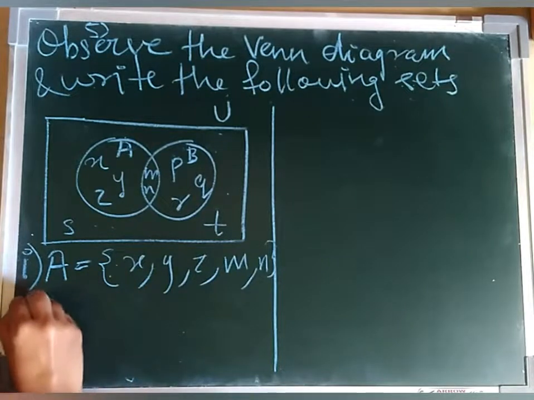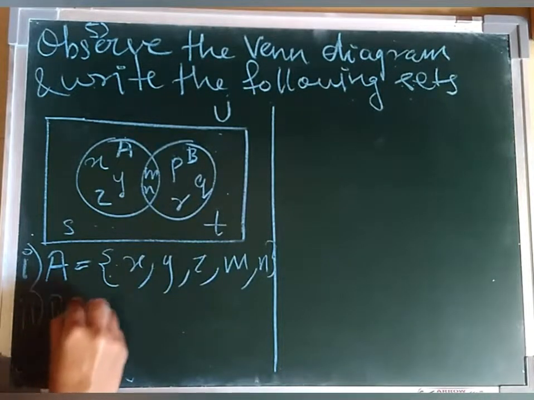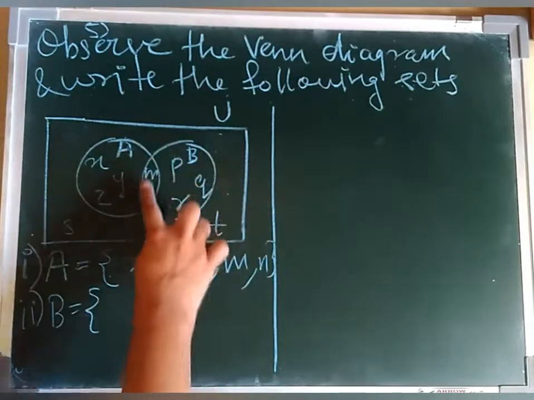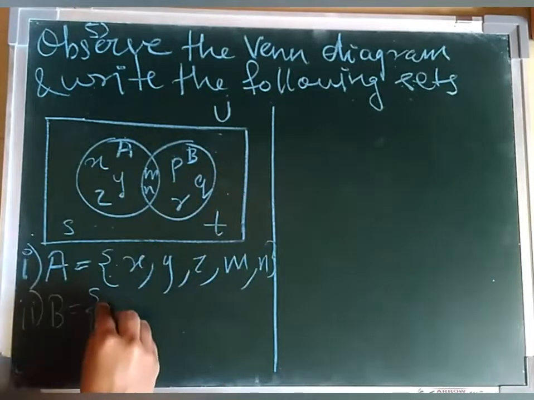Next, I need to write the set B. That means this circle. All the elements within this second circle I have to mention here.